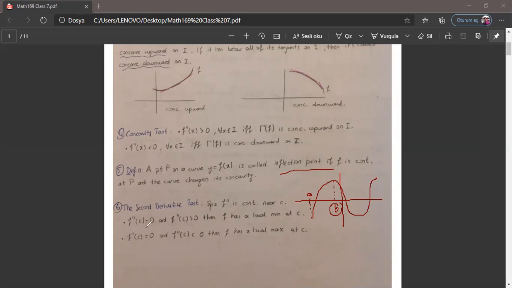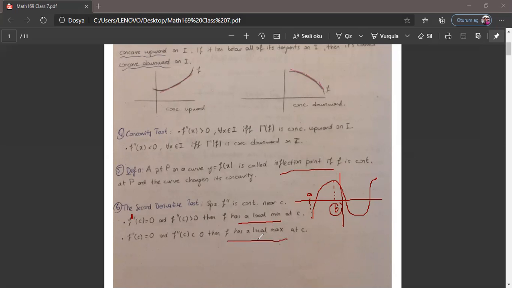And the second derivative test: if f prime of c equals 0 and f double prime is greater than 0, then it has a local minimum at that point.